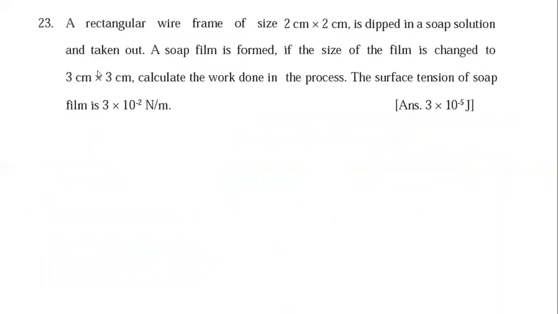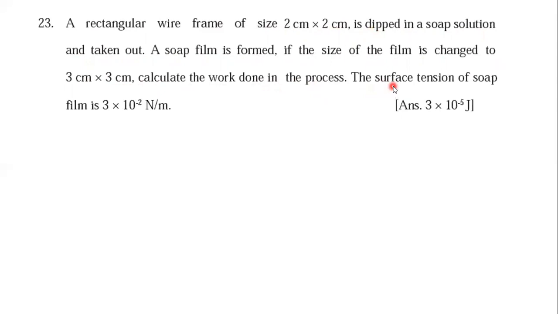Now next question. A rectangular wire frame of size 2 centimeter into 2 centimeter is dipped in a soap solution and taken out. A soap film is formed. If the size of the film is changed to 3 centimeter into 3 centimeter, calculate the work done in the process.